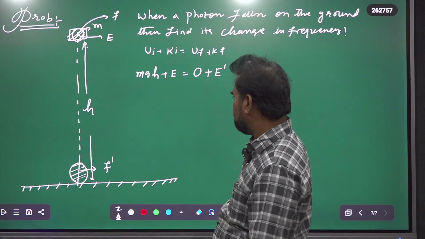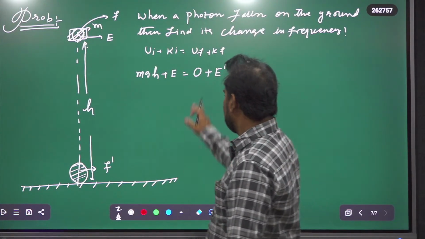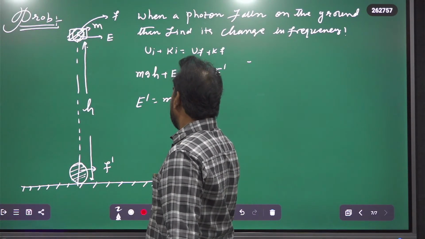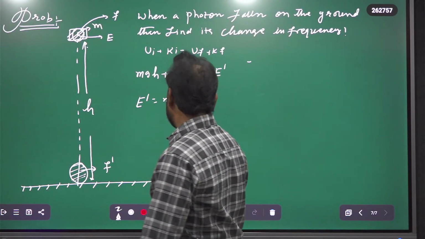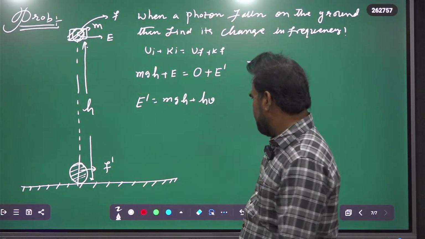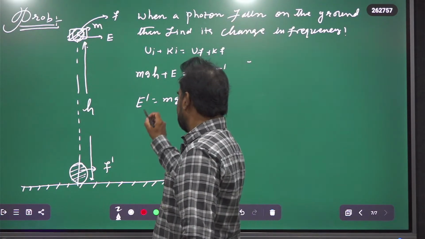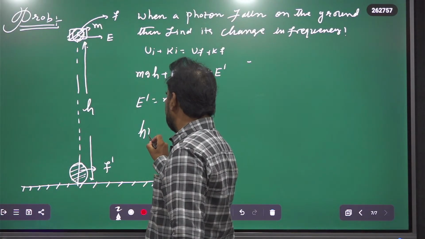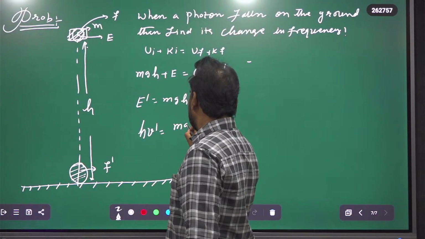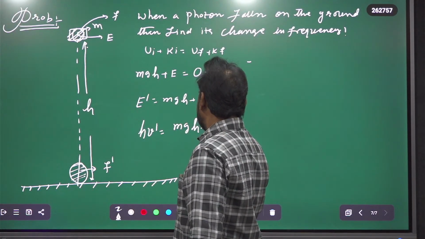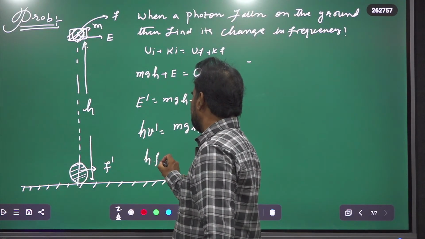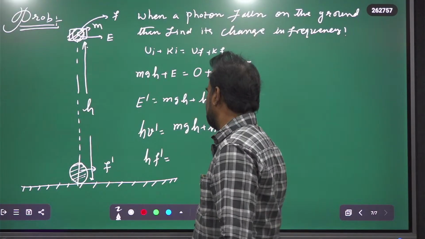Okay. Therefore, what is the value of E dash? E dash is equal to mgh plus E, where E is equal to h nu. This is what I am writing. The changed frequency: h nu dash is equal to mgh plus h nu, or this is also written h f dash, because the frequency was given as f dash.